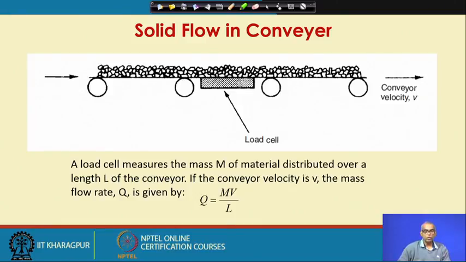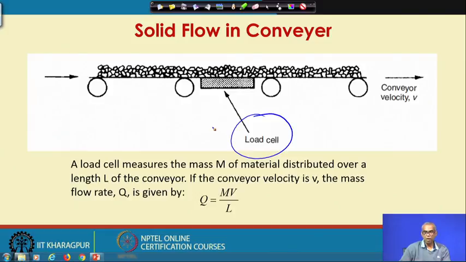I just want to show you one slide about solid flow in conveyor. Solid flow in conveyor is an important application in chemical process industry. We can measure the solid flow in conveyor by using a load cell. Here is the load cell which measures the mass of material distributed over the length of the conveyor.